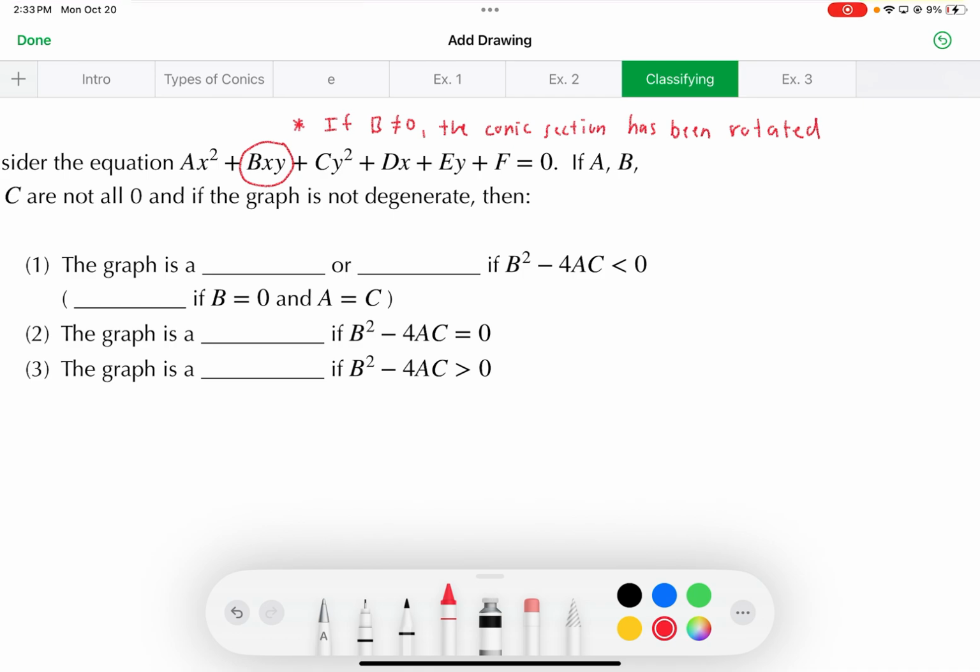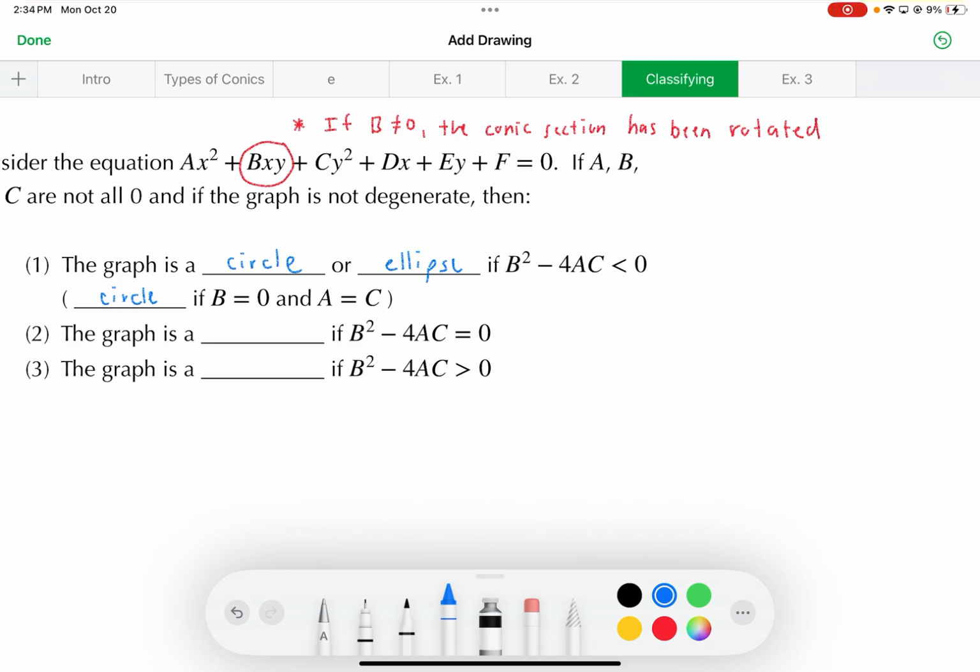All right? Okay, so the discriminant of this equation would be b squared minus 4ac. Okay? That graph is going to be a circle or an ellipse if b squared minus 4ac is less than 0. Okay? Now, it'll be a circle more specifically when b is 0 and a and c are the same.